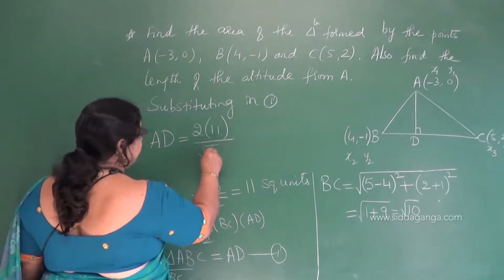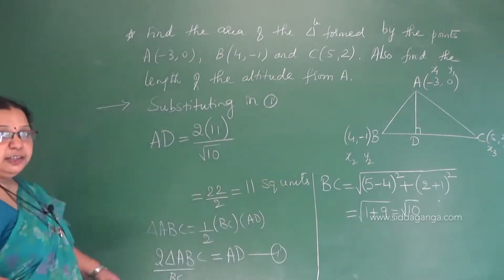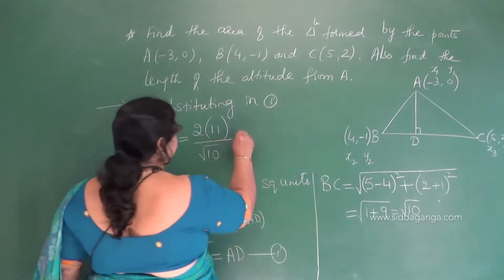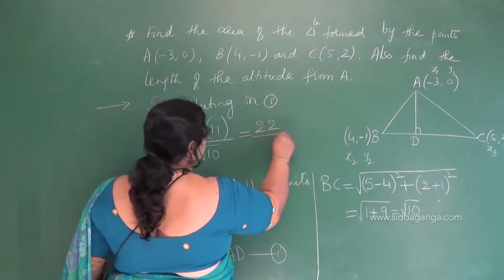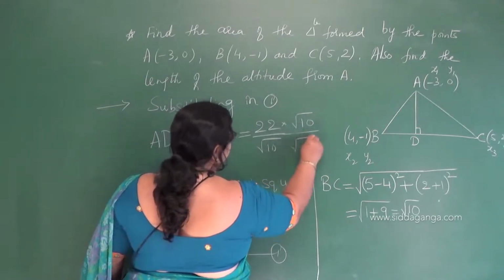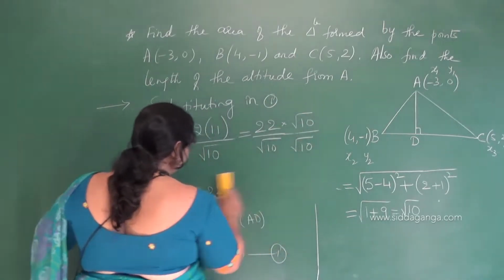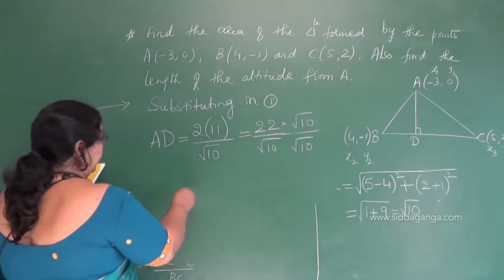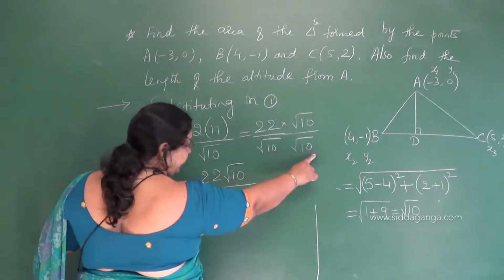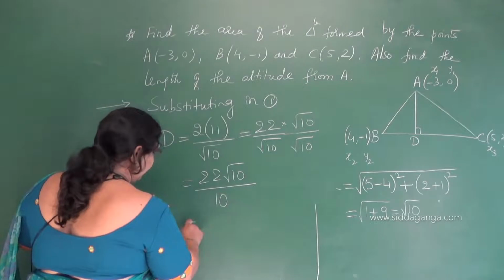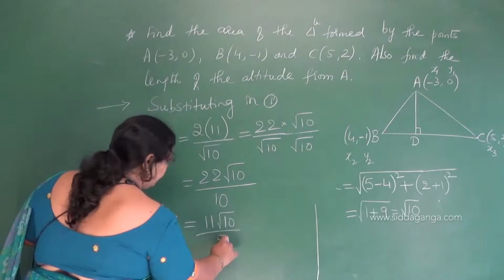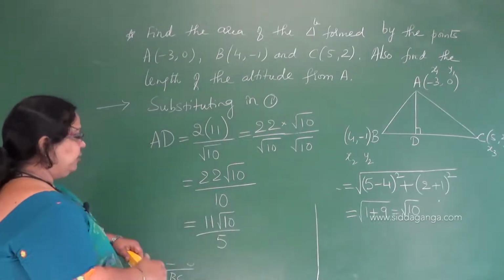BC ಅಂದ್ರೆ root 10. ಯಾವಾಗಲೂ ಆದಷ್ಟು ನಾವು ಡಿನಾಮಿನೇಟರ್ ರೂಟ್ ಅಲ್ಲಿ ಇಡೋದಿಲ್ಲ, ಅವಾಯ್ಡ್ ಮಾಡ್ತೀವಿ. ಅದಕ್ಕೆ ಏನ್ ಮಾಡಬೇಕು, ಮಲ್ಟಿಪ್ಲೈ ಅಂಡ್ ಡಿವೈಡ್ ಬೈ ರೂಟ್ 10 ಮಾಡ್ಕೊಳ್ತೀವಿ. ಸೊ ರೂಟ್ 10 ಇಂಟು ರೂಟ್ 10. ಸೊ ಅವಾಗ ಇದು ಏನಾಗುತ್ತೆ, ಸೊ ದಟ್ ಈಸ್ ಈಕ್ವಲ್ ಟು 22 ಇಂಟು ರೂಟ್ 10 ಡಿವೈಡೆಡ್ ಬೈ ರೂಟ್ 10 ಇಂಟು ರೂಟ್ 10 ಅಂದ್ರೆ 10 ಆಗುತ್ತೆ. ದಿಸ್ ಬಿಕಮ್ಸ್ 11 ಇಂಟು ರೂಟ್ 10 ಡಿವೈಡೆಡ್ ಬೈ 5 ಯೂನಿಟ್ಸ್.